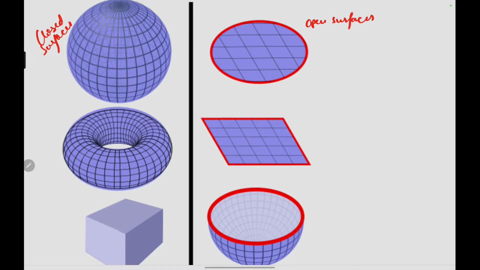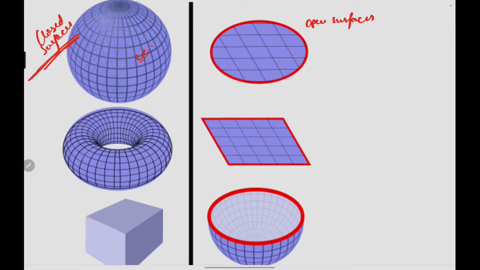In simple terms, for a layman, surfaces whose inner part you cannot see would be termed closed surfaces. Let's say there is a ball. Can you see the inner portion of this ball? The answer is no. So this is a closed surface.